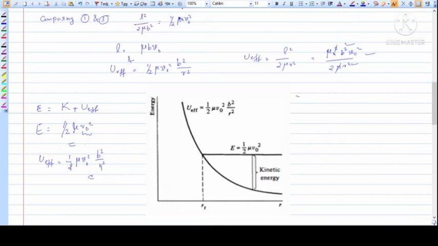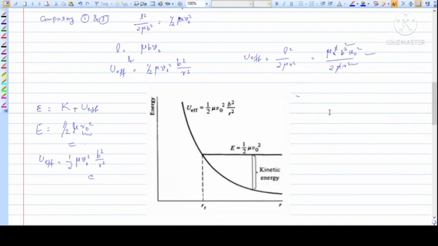Here we know that it is half mu V0 square B square by R square, so this is the curve for half mu V0 square B square by R square. And energy is constant. E is equal to half mu V0 square.